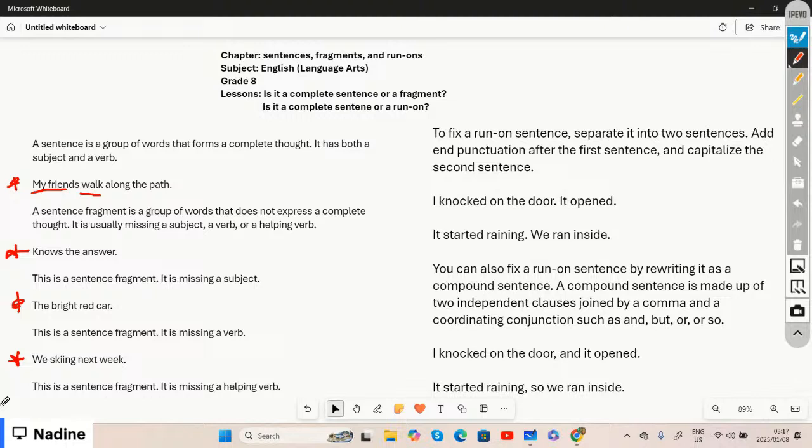All right. And when it comes to fixing a run-on sentence, a run-on sentence is where we have two sentences in one sentence.